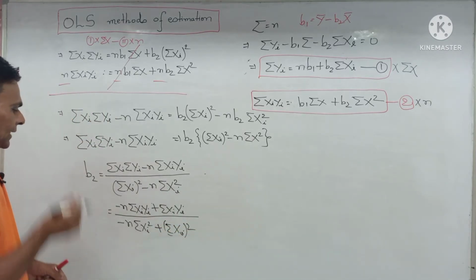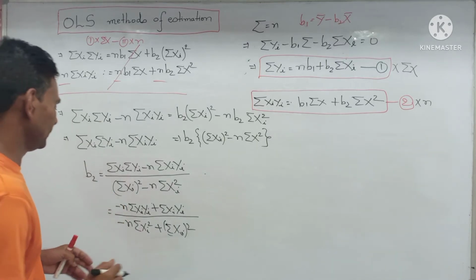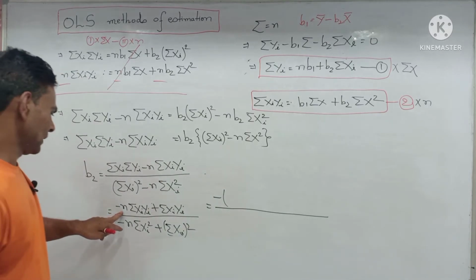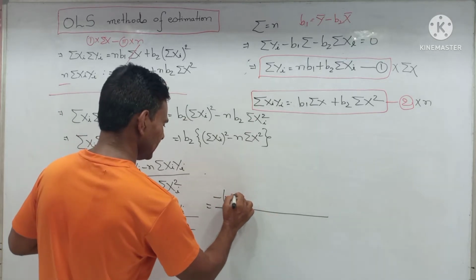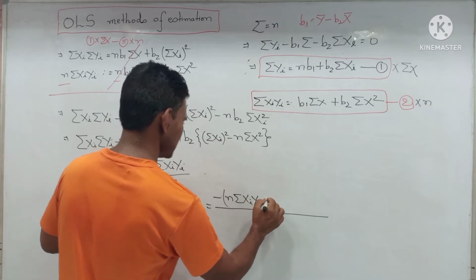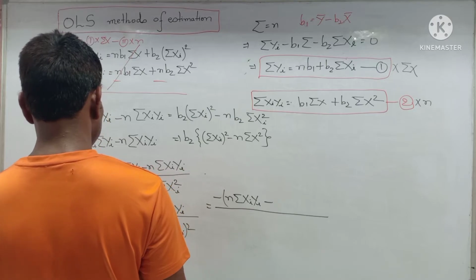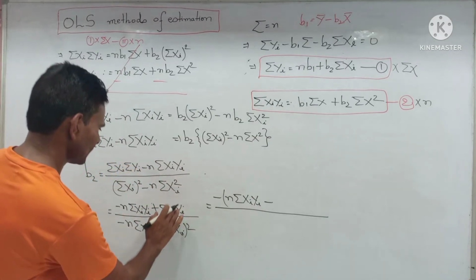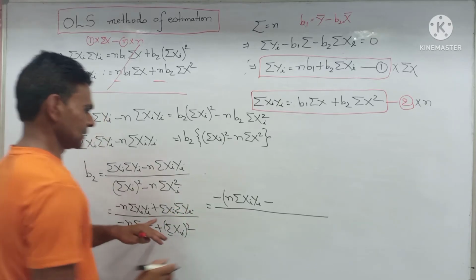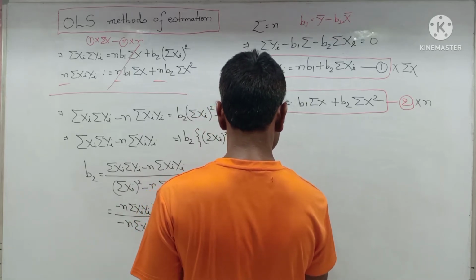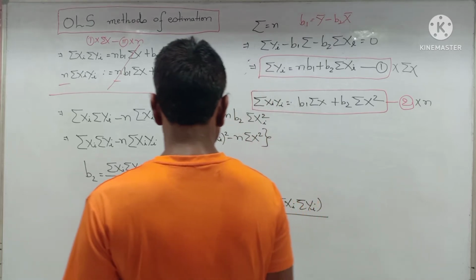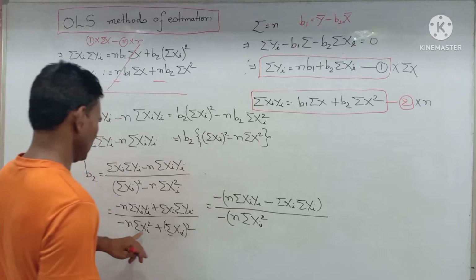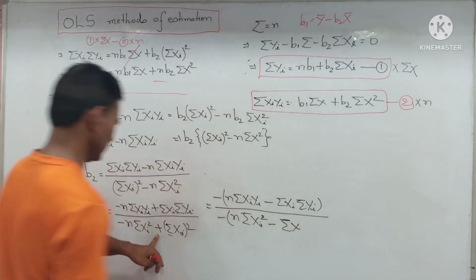If we take minus common from numerator and denominator, the signs flip: in the numerator n summation of xi yi minus summation of xi summation of yi, and in the denominator n summation of xi square minus summation of xi whole square.